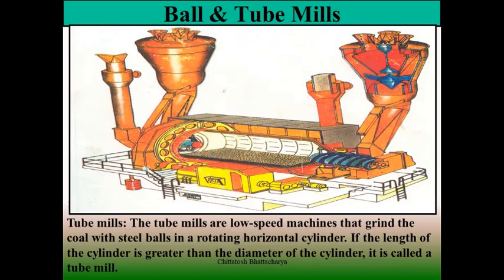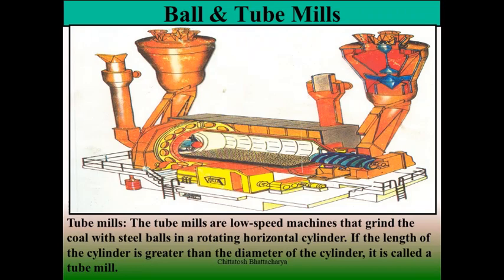In case of a ball tube mill, we have a cylinder. Within this cylinder, we have steel balls of different sizes, from 50 millimeter to 30 millimeter. When this cylinder is rotated, these steel balls rotate along with it, and we introduce the coal.